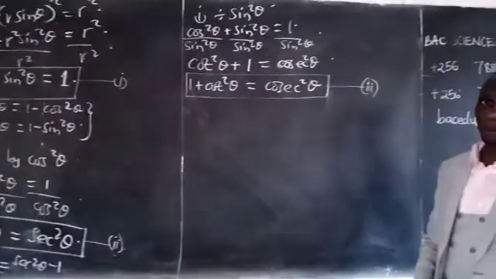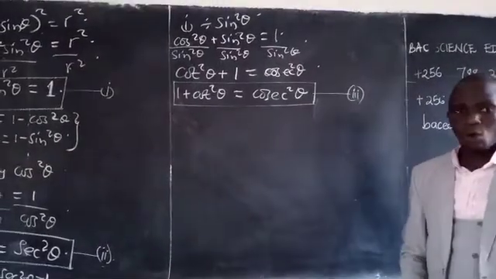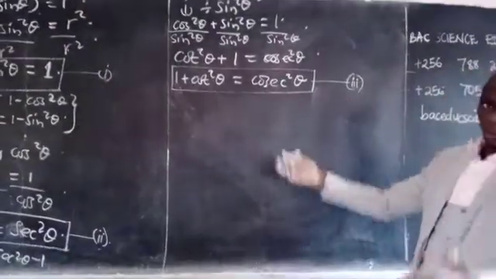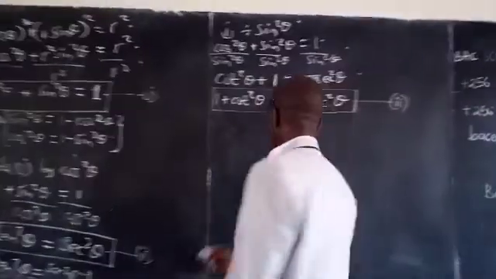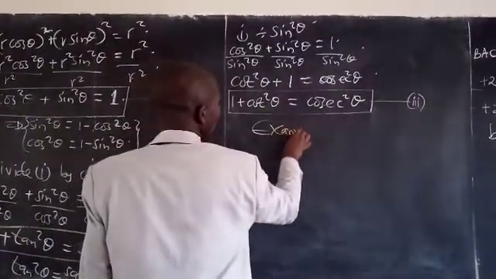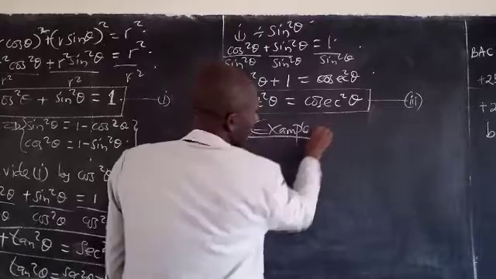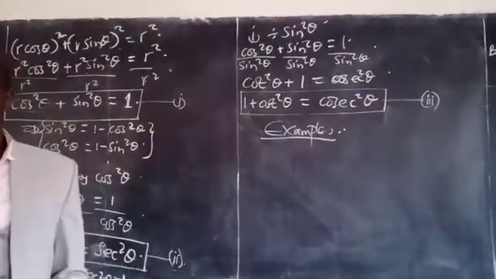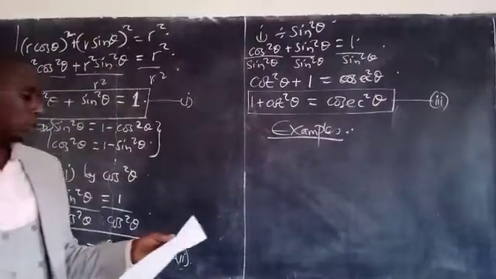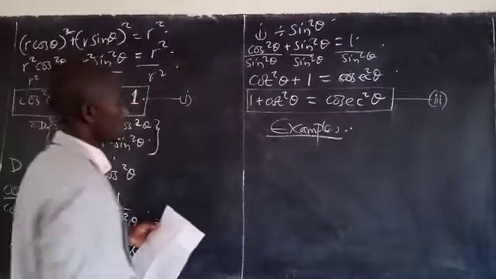We are going to have examples and we see how we employ this one. Let's go. Examples. You can first write them, then we do at once. Solve the following.